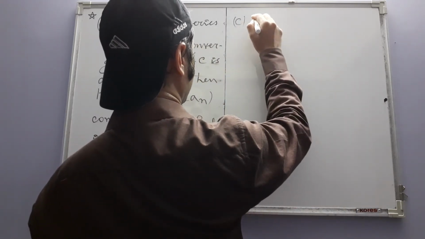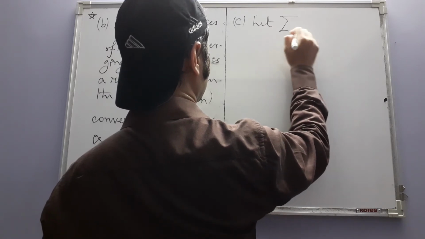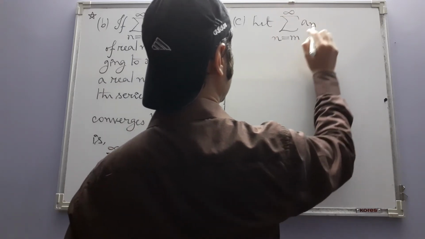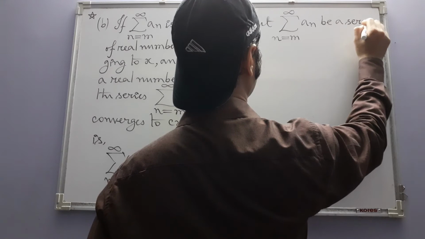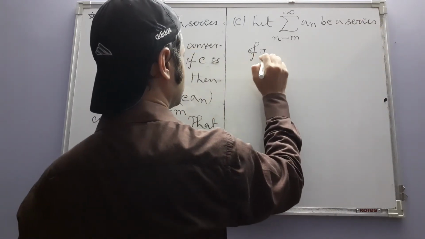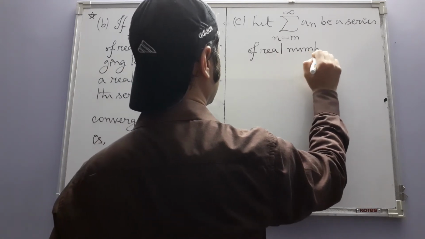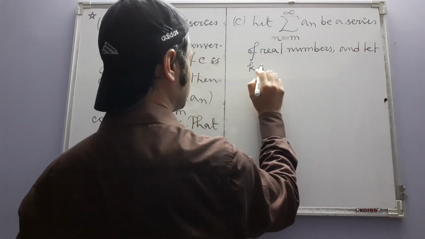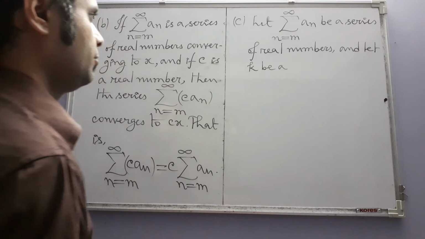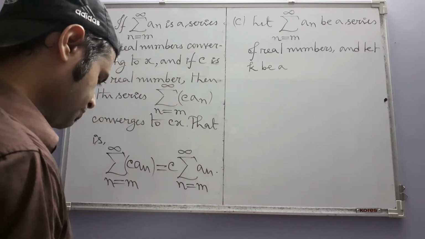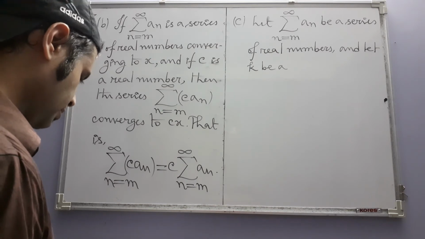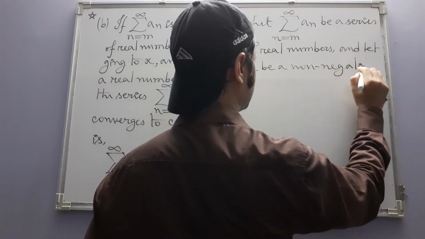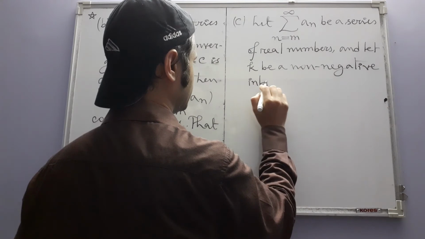Let summation an, n varying from m to infinity, be a series of real numbers, and let k be a non-negative integer, because if k is not non-negative, things will not make sense.